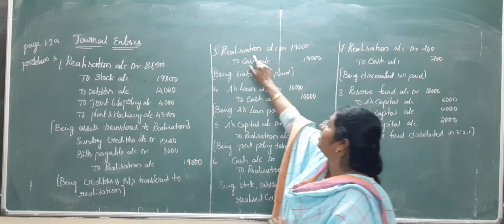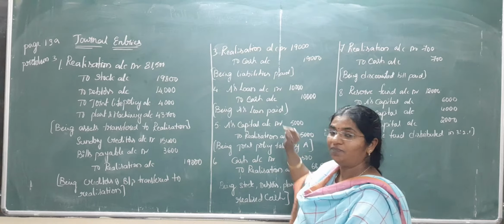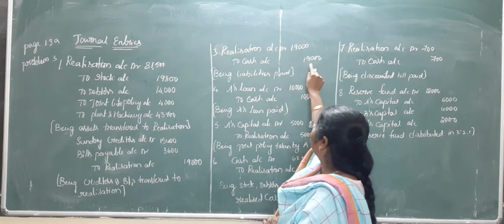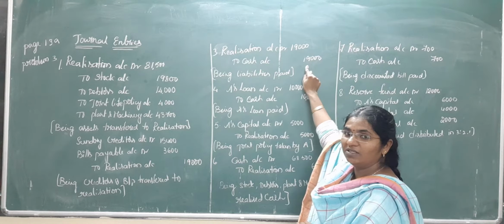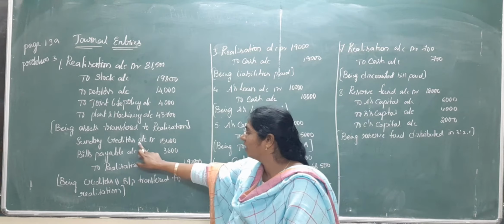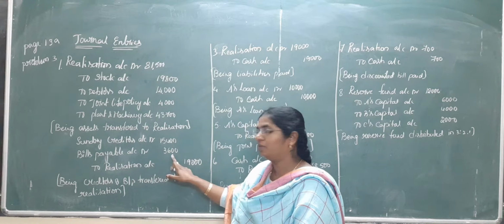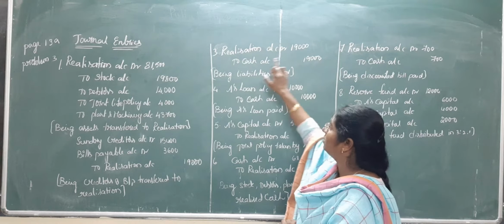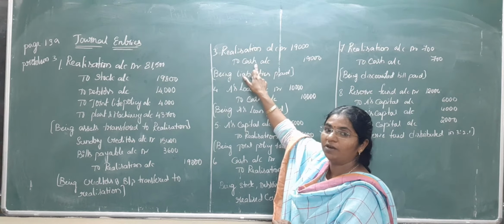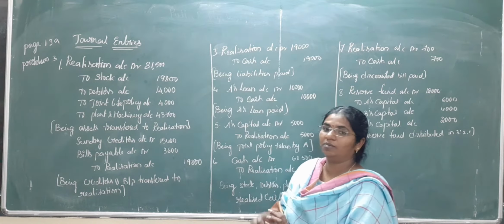Realization account debit 19,000 to cash account 19,000. What does this 19,000 represent? It shows creditors 15,400 and bills payable 3,600, total 19,000. How was it paid? It is paid through cash.